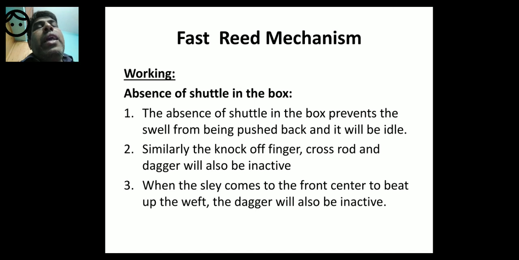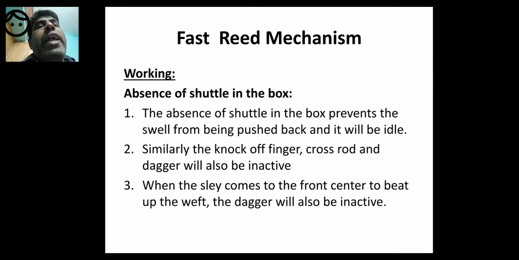The shuttle will be trapped in the middle of the shed and will not reach the opposite shuttle box. In that case, if the beat up is happening, then the shuttle, warp and reed will be damaged.